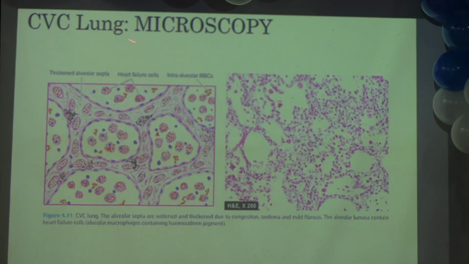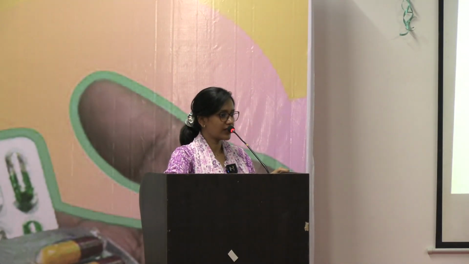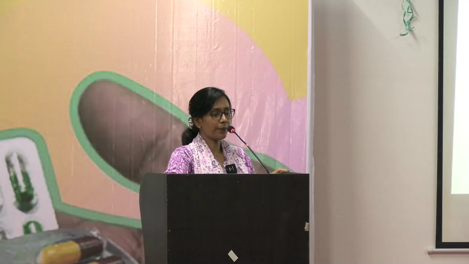And in microscopy, what will we see? We'll see thickened alveolar septa, along with hemosiderin-laden macrophages. Can you see the hemosiderin? It's a pigment derived from the heme iron from the breakdown of hemoglobin.